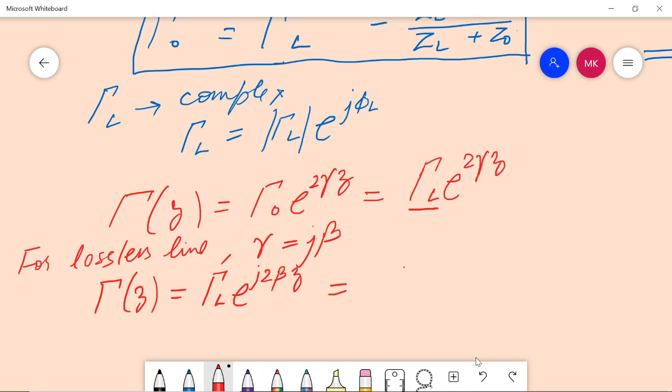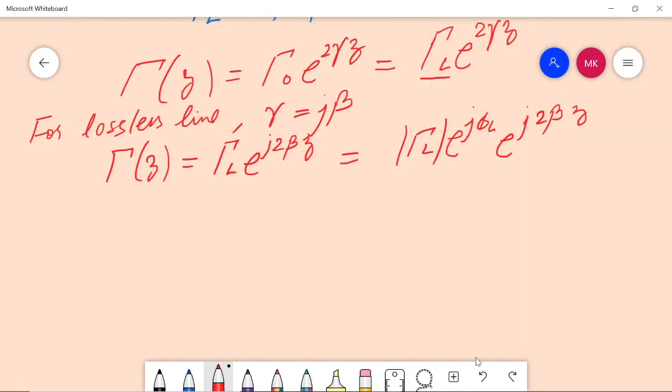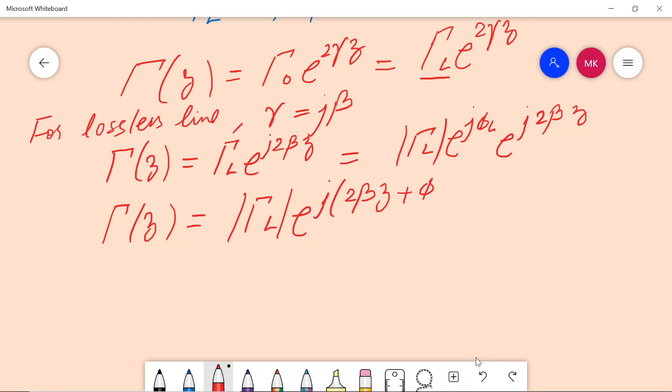Which further, you can write as the magnitude of gamma L, and it will also have some phase phi L, and it will multiply with e to the power j 2 beta z. Now this gamma z can be written as magnitude gamma L, and e to the power j times 2 beta z plus phi L.